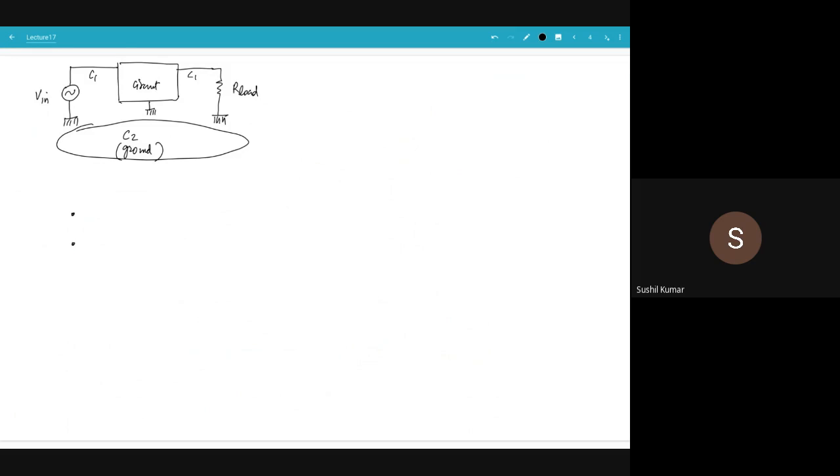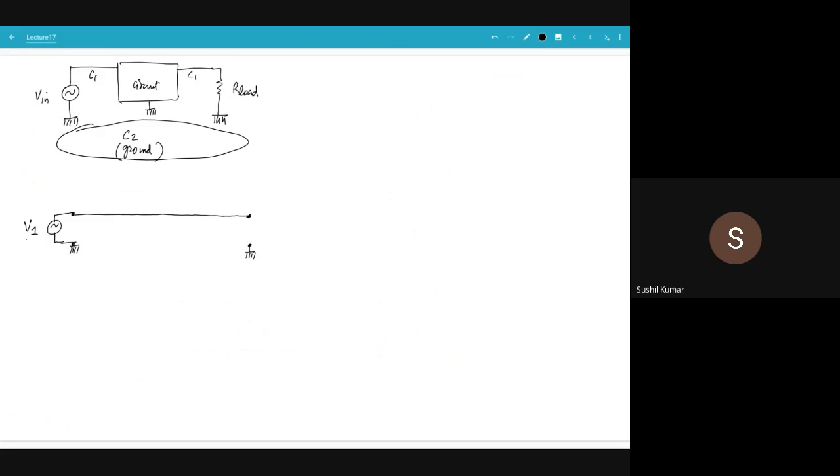I guess if we have a ground connection here, we have this wire, and we have a ground connection here. And somebody applied a voltage source V1 here, V1 sine omega t.